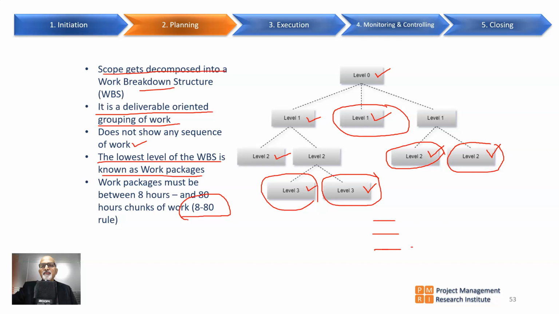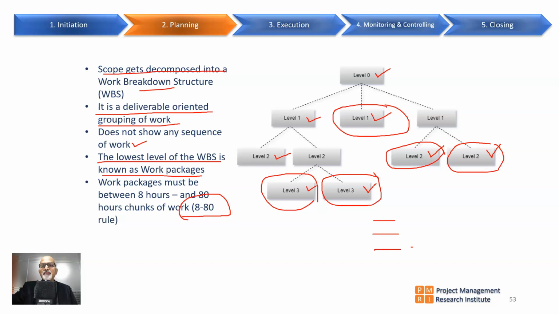8 hours means I should be able to complete it in a day's time, or two or three days. 80 hours means we should be able to complete it in around 10 days' time. So if the project is small, the work package size should be small, and if the project is very large, the work package size should be big.